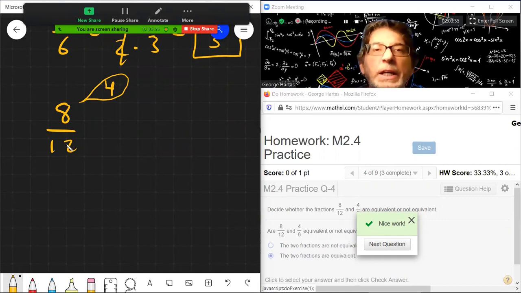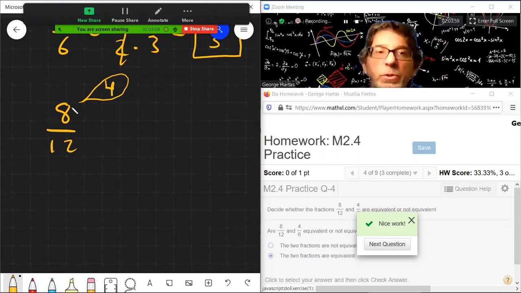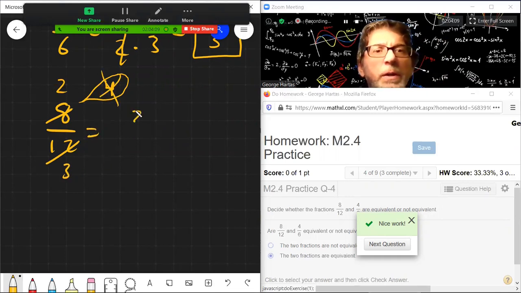So we cannot say 8 here. 4 is the biggest number that divides into 8 and 12. 4 divides into 8 2 times. 4 divides into 12 3 times. 2/3. See that? 2/3.